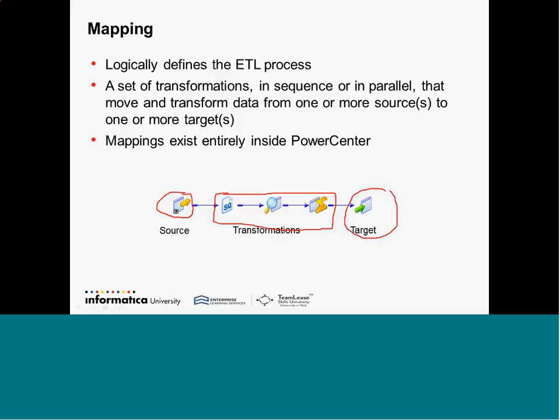A mapping means a logical design of the ETL process. That's why we say you're behaving like an architect here. You go and architect your mapping so that it looks the way it should. You are expected to use a special tool to do this particular job of architecture.